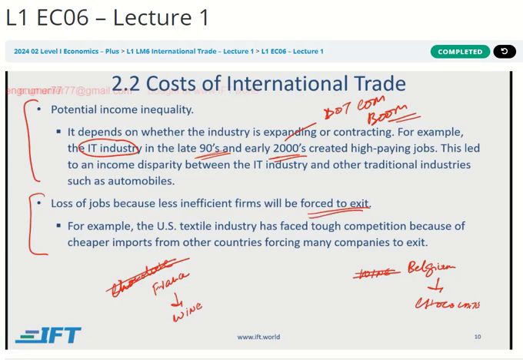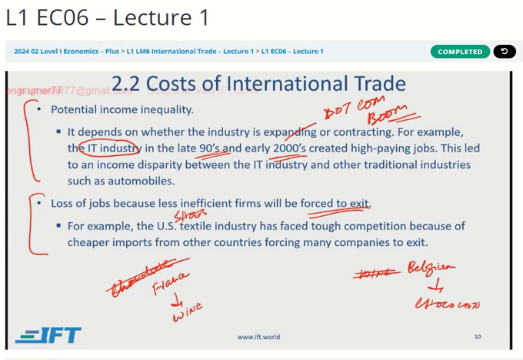And this is what happened to the US textile industry. And before the textile industry, it was shoes. So it was shoes first that went out, then the textile industry, and then the laptops and the computers and then the TV and all this semiconductor oriented manufacturing that went out. And now, of course, the US is focusing on software.